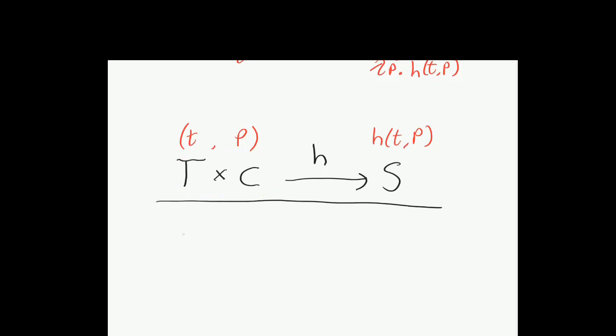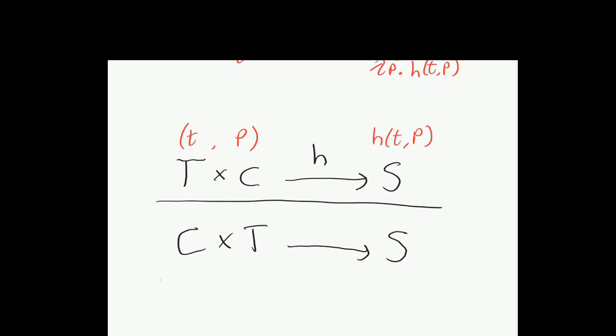So it turns out that this space C times T will always be isomorphic to T times C. Basically, if we just do the product in a different order, we'll have a different space, but it's going to be isomorphic to the original one. And so there's going to be a corresponding function like this from C times T to S.